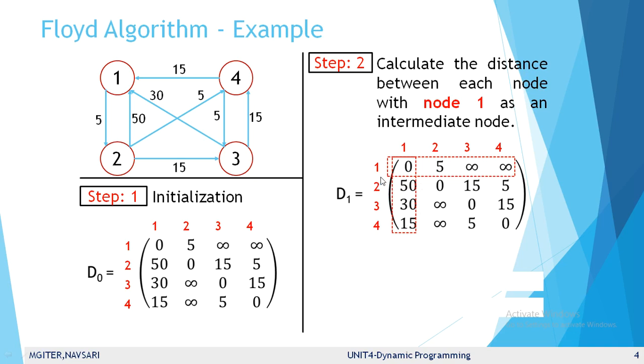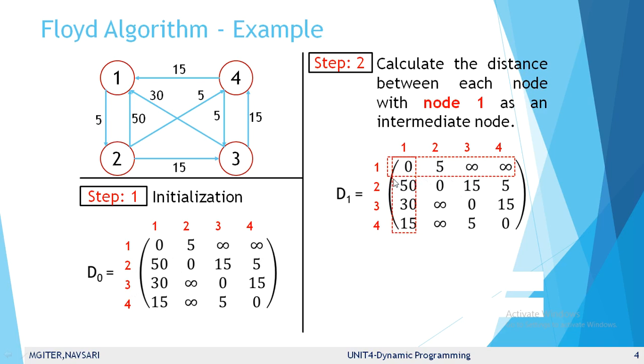There is no distance from 1 to other vertices, so we copy the first row and first column as it is. Here we write the same row and same column with the original value.